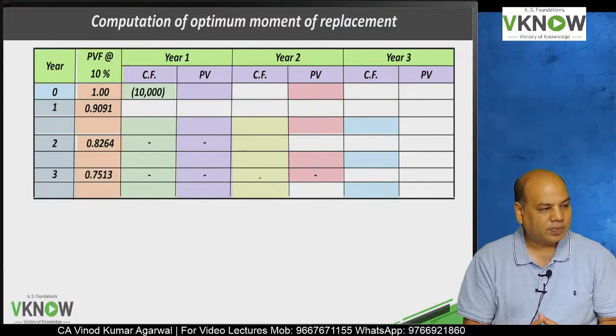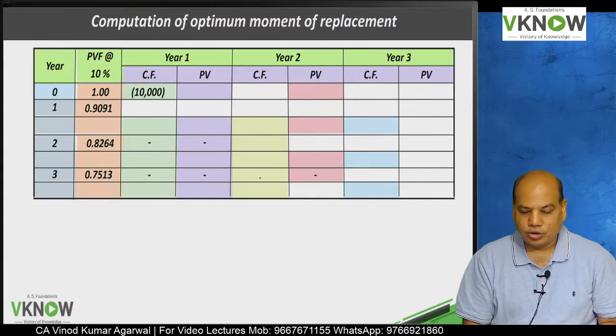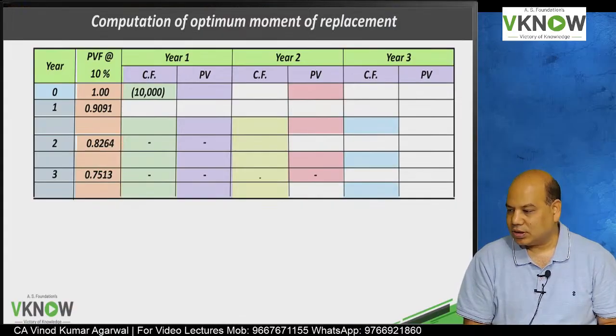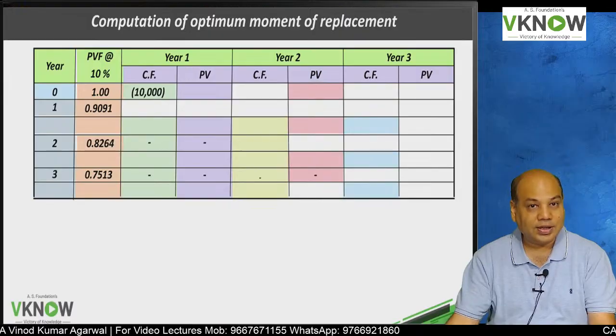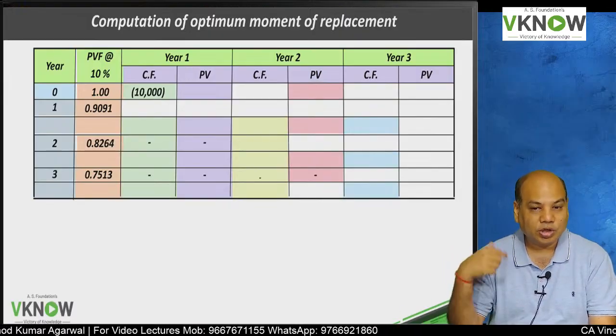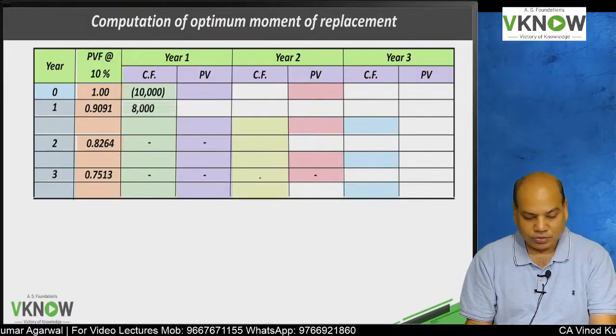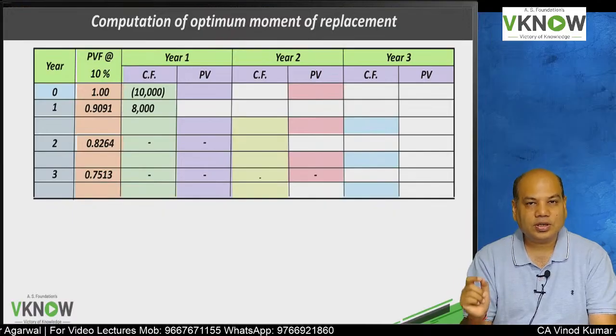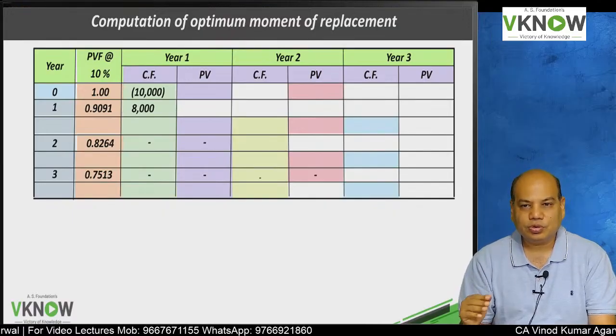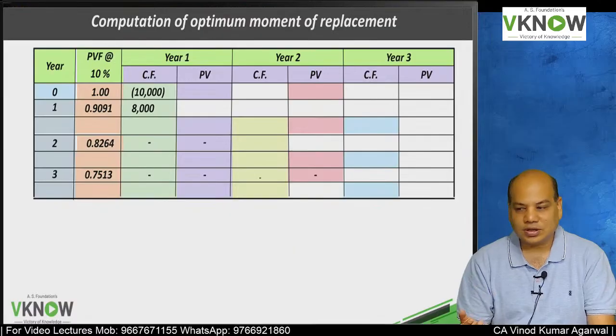Just say yes or no. The answer is no, because in the problem it is given, not because I am saying. Problem says you will not incur repair cost if you don't want to retain it for the next year.